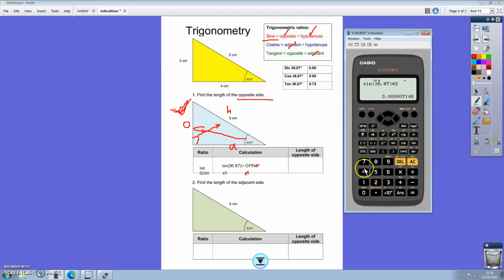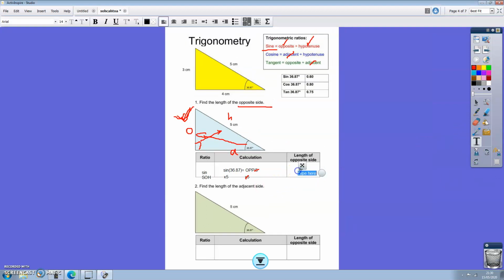So the length of the side is going to be 3 centimeters to the nearest whole number, which we can see from the picture up here. We know it's 3. Pause the video and then have a go at the other 2.